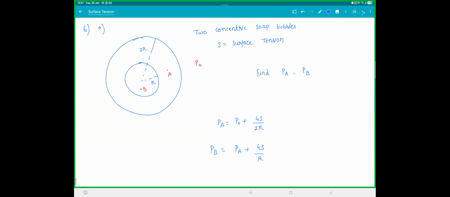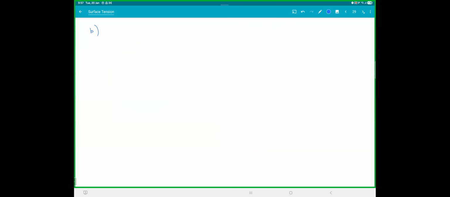Yeah, that's an easy one. Next one is another theoretical question. If you have two soap bubbles, a big one and a small one, so this is R1 and this is R2, with R2 greater than R1.